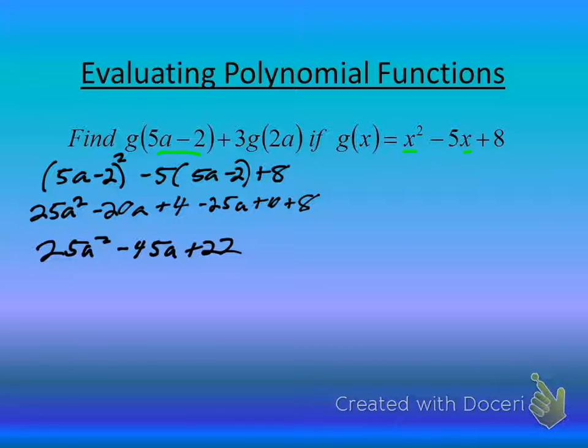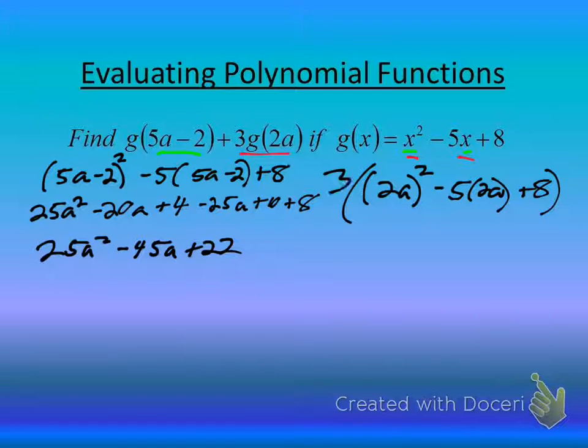Now let's do the right half. Into there and there. So let's see here. 2a into your x's. So 2a is squared, minus 5 times 2a plus 8. And these all need to multiply by 3 from here.